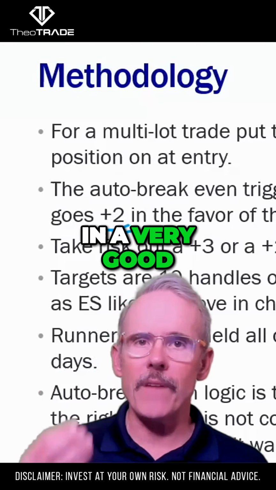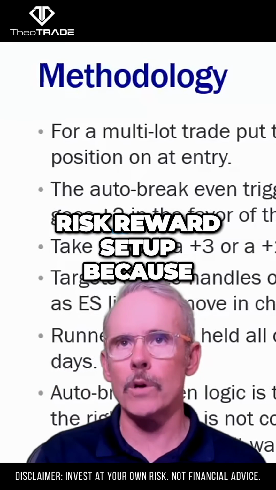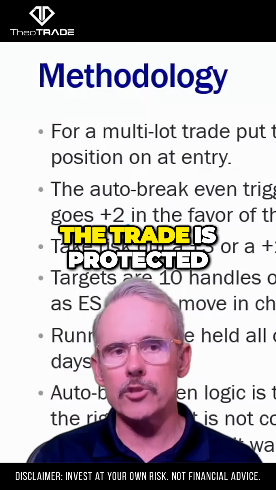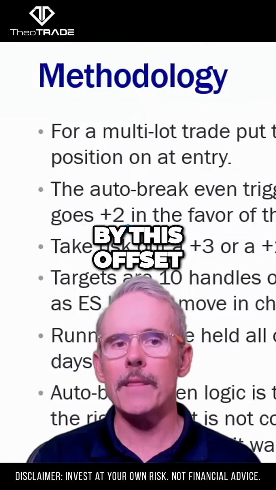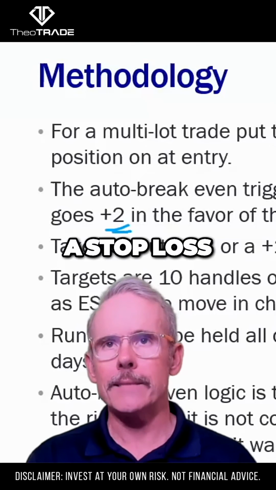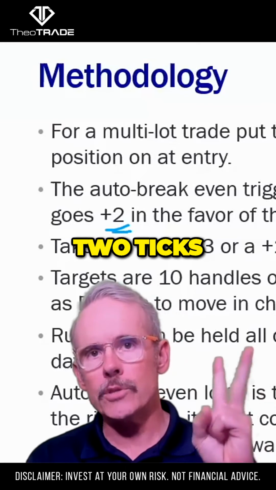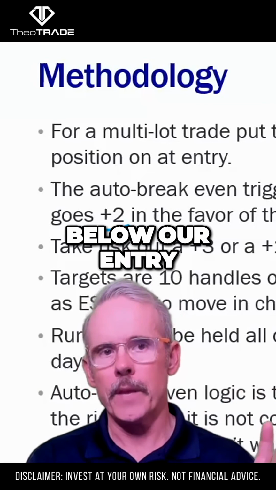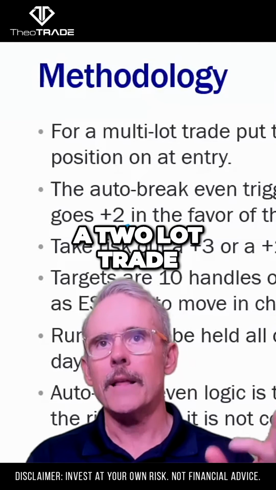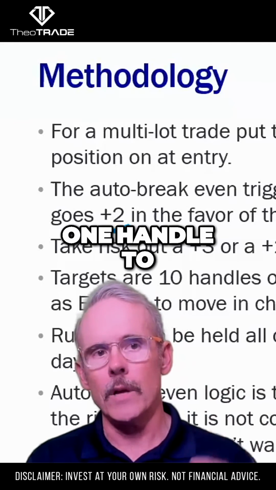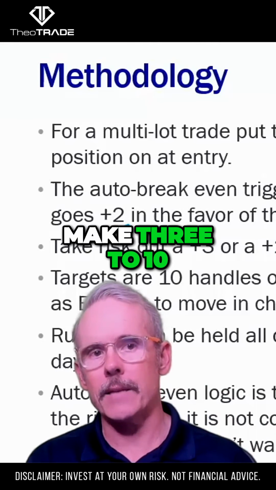We are now in a very good risk reward setup because the trade is protected by this offset. We will have a stop loss 2 ticks below our entry. And on a 2-lot trade, that means we're risking 1 handle to make 3 to 10.